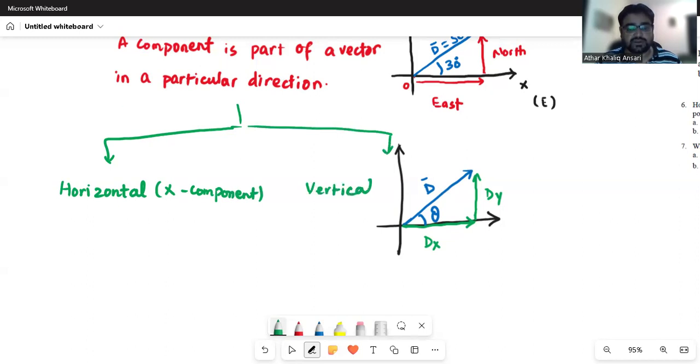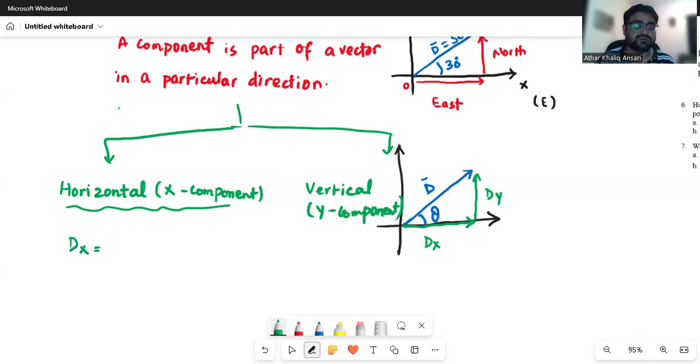So whenever we have any vector d, it may have two components. The horizontal component is denoted by dx, and this can also be called the eastward displacement.